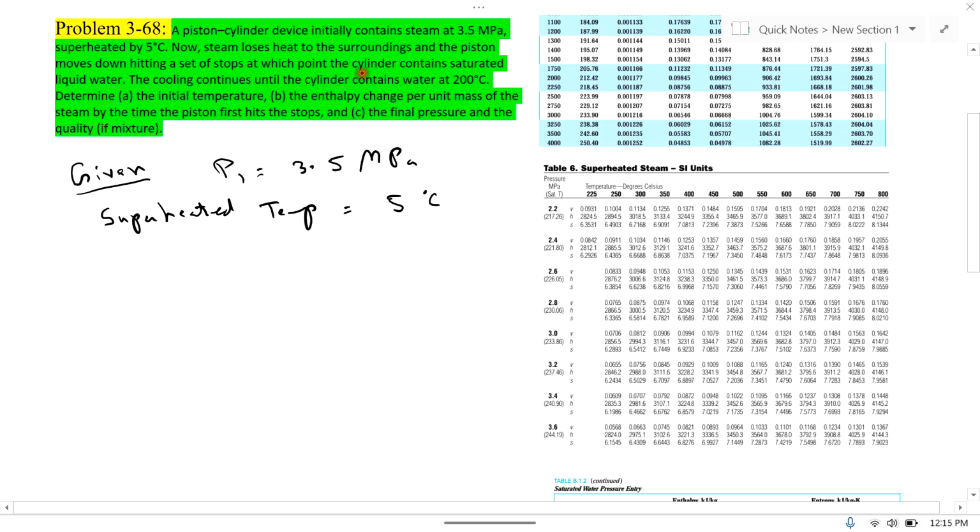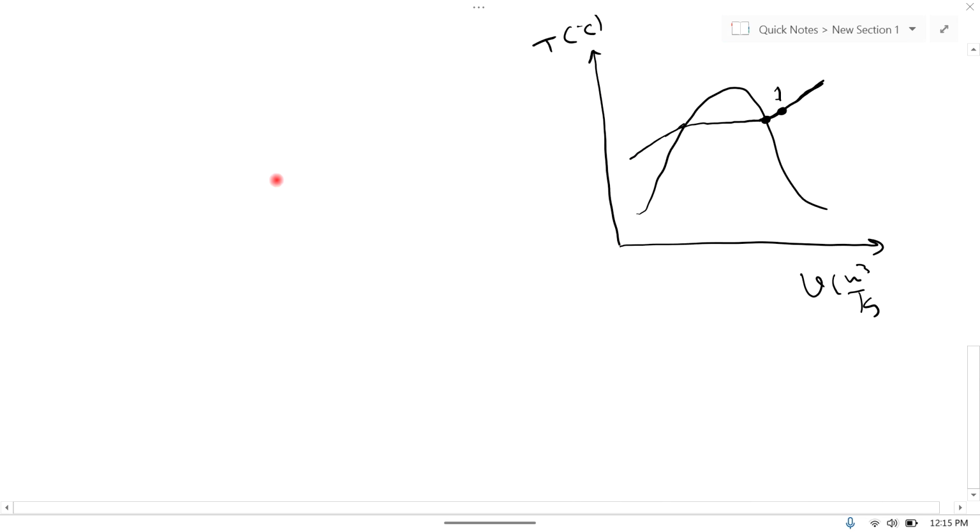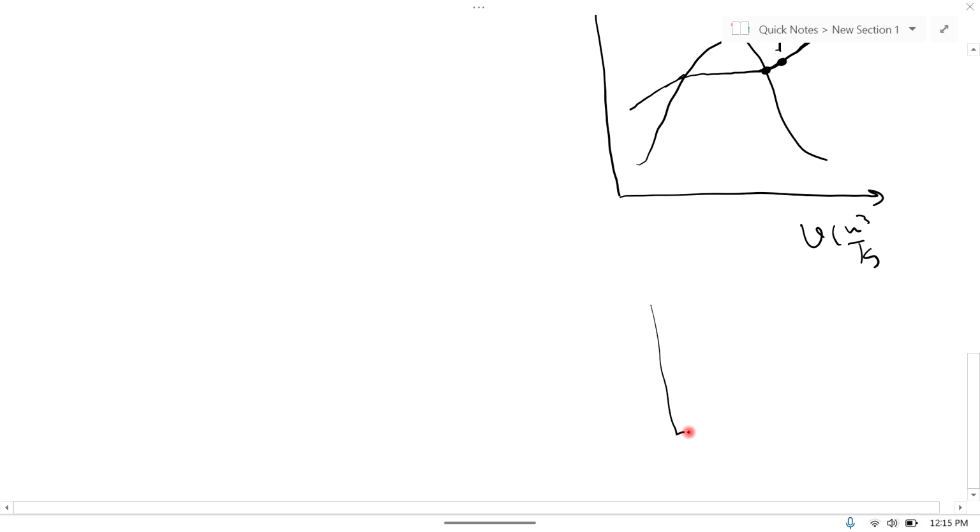Now steam loses heat to the surrounding and the piston moves down, hitting a set of stops, at which point the cylinder contains saturated liquid. Now it means that, let's suppose this is a piston cylinder arrangement. Now heat is removed continuously. So when heat is removed, the piston will go down.